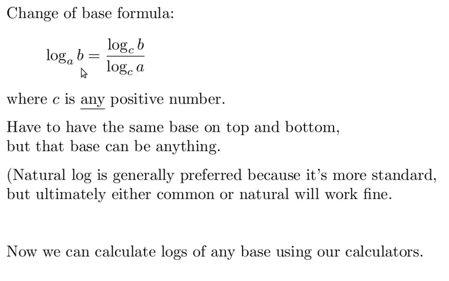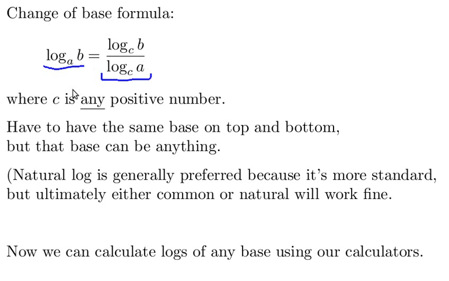The change of base formula says that log base A of B equals log base C of B over log base C of A. And C can be any positive number. A and B are both positive numbers too. But the basic idea is we can write this log as a fraction of two different logs.